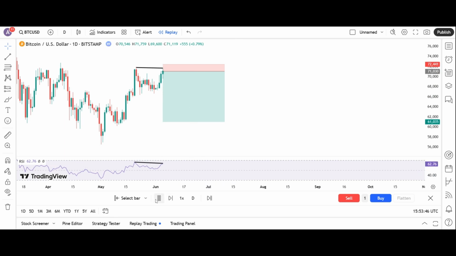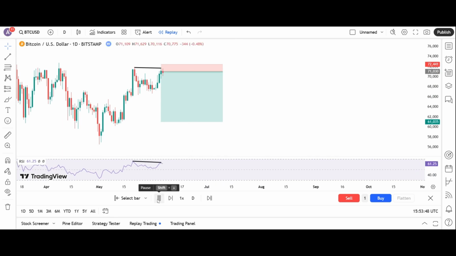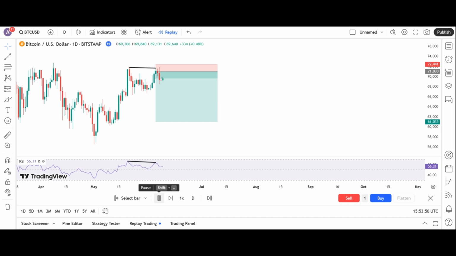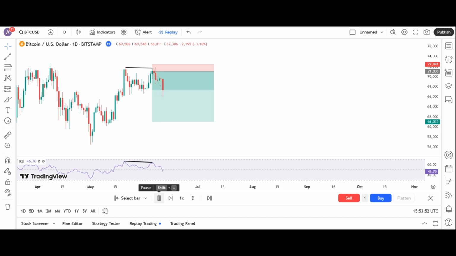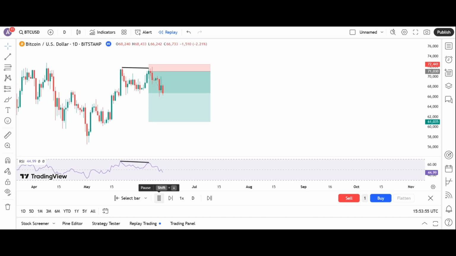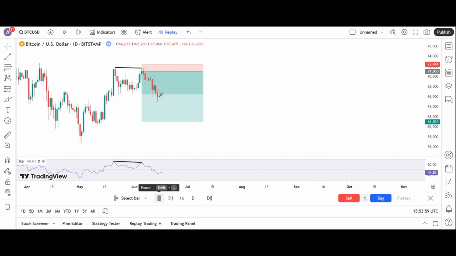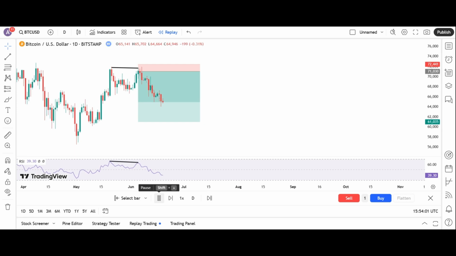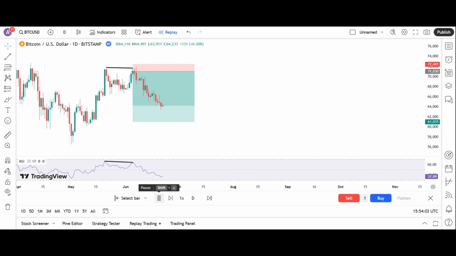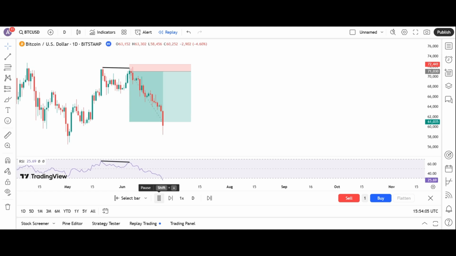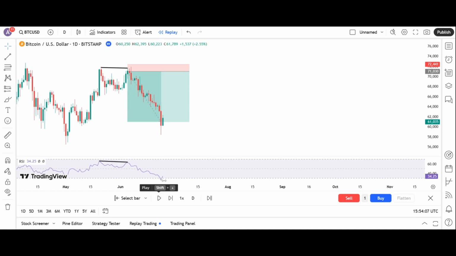So we can see that next candles are completely in our target, and our prediction was completely accurate, and we will wait for candlesticks that touch our target.